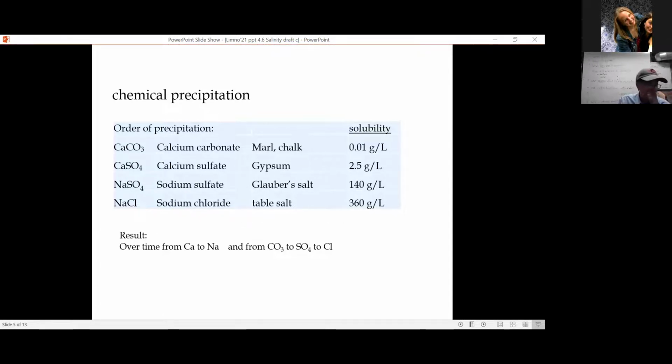So if you've got water flowing into a lake and it's bringing with it calcium and sulfate and sodium and chloride, all of those ions, and let's say that it's a closed basin lake. So water flows in, bringing stuff from the watershed.